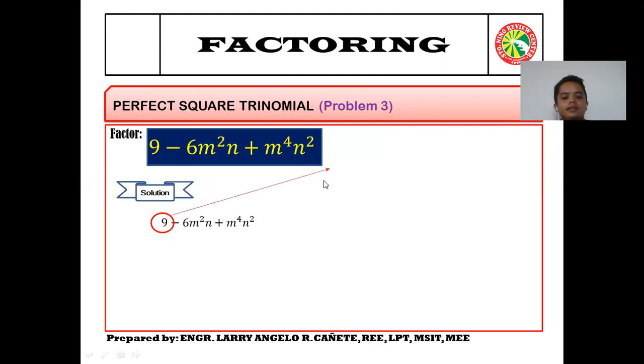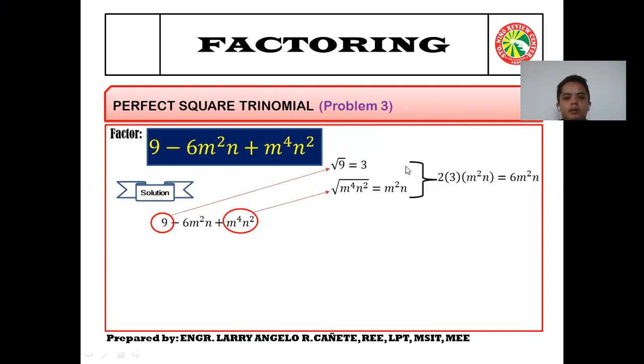So for 9, the square root of 9 is 3. So correct. It qualifies to the requirement. Second, m to the fourth n squared. So the radical of an exponent. So that is m squared n. So with that, you multiply the results of this one and this one.